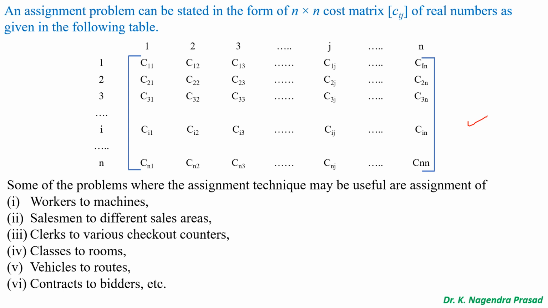Some examples of assignment problems are workers to machines, salesmen to different sales areas, clerks to various checkout counters, classes to rooms, vehicles to routes, contracts to bidders, etc.